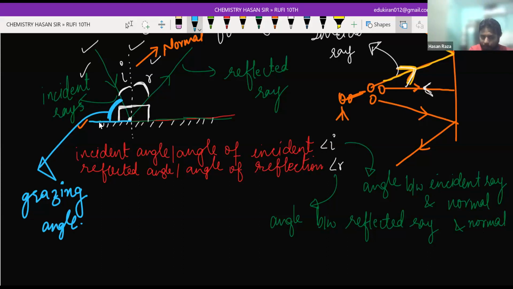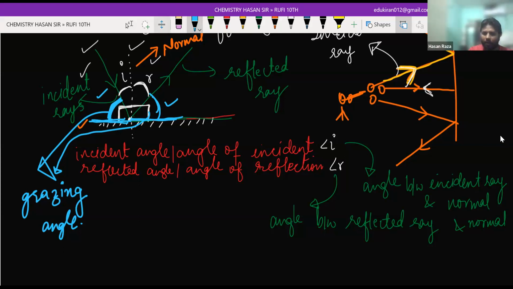The angle between the mirror surface and the incident ray, or the angle between the mirror surface and the reflected ray, that is called the grazing angle. Are you getting my point? Yes. So basically what I want to say is that these two grazing angles are always equal for a flat mirror surface.